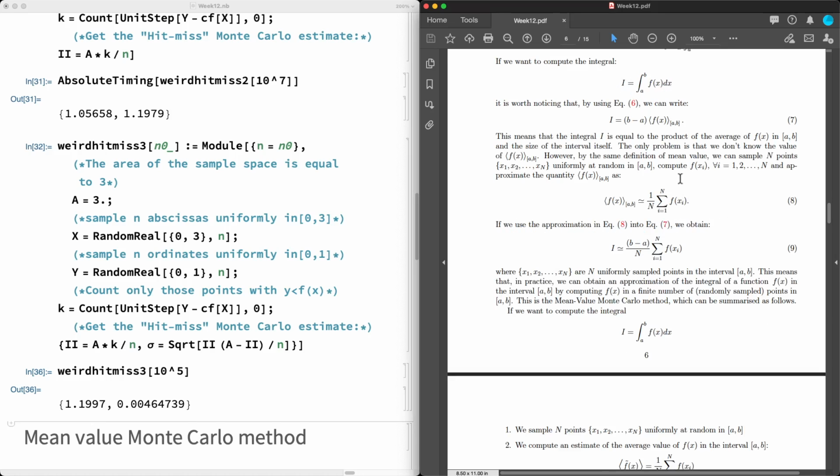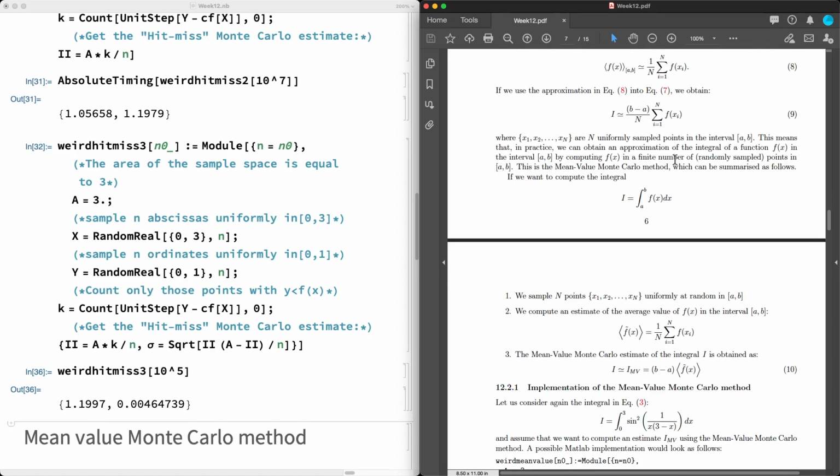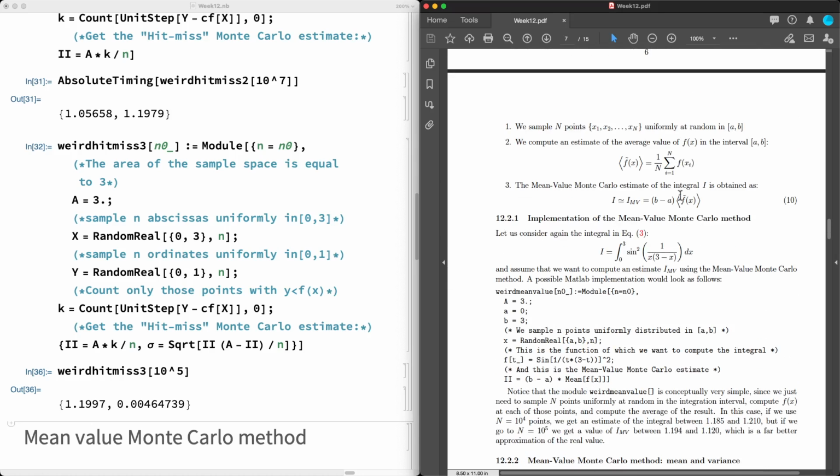So that's a much simpler and more efficient method. So let's apply that to this function. So if we look at the notes, we have this module here that we can implement.